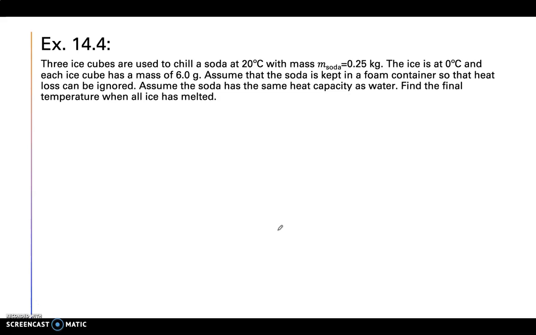The ice is at 0 degrees Celsius since it is frozen, and each ice cube has a mass of 6 grams. Assume that the soda is kept in a foam container so that heat loss can be ignored. Assume that the soda has the same heat capacity as water. We want to know the final temperature when all the ice has melted.